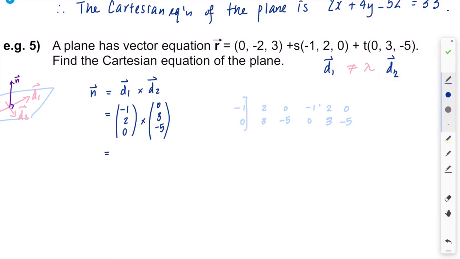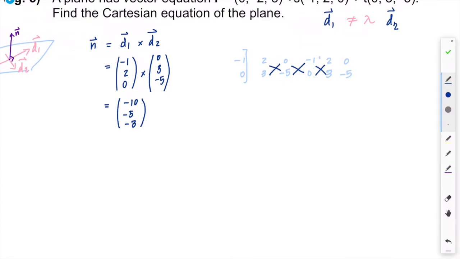So -10 minus 0 is -10, 0 minus 5 is -5, -3 minus 0 is -3. So here is the normal, okay? And so this gives us a Cartesian equation, -10x minus 5y minus 3z equals d.